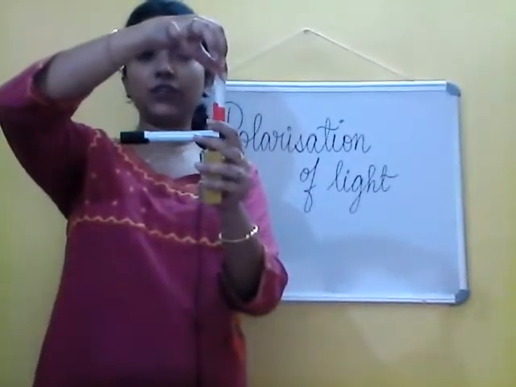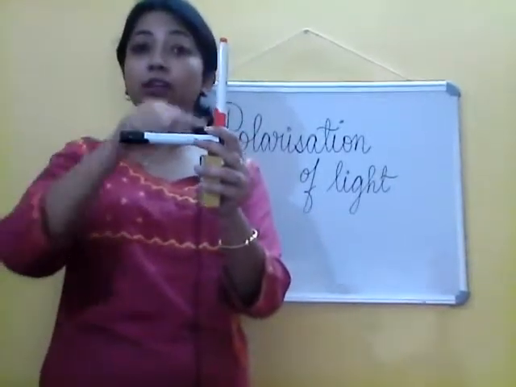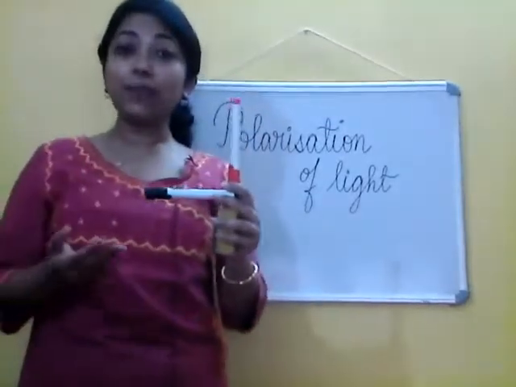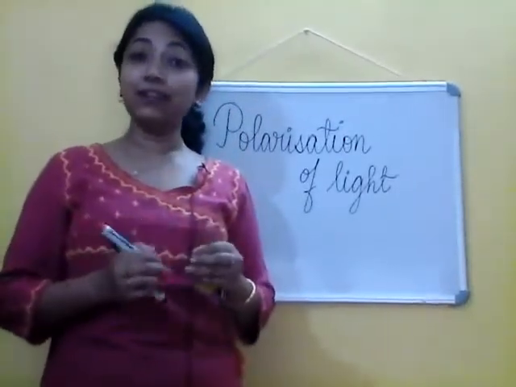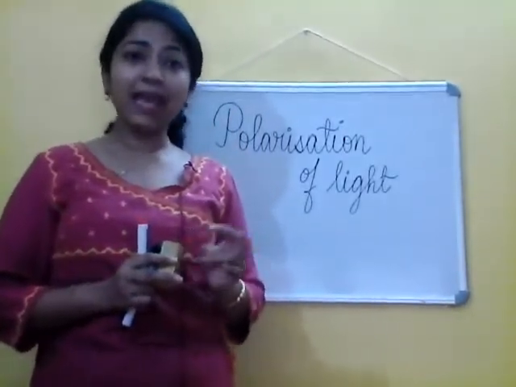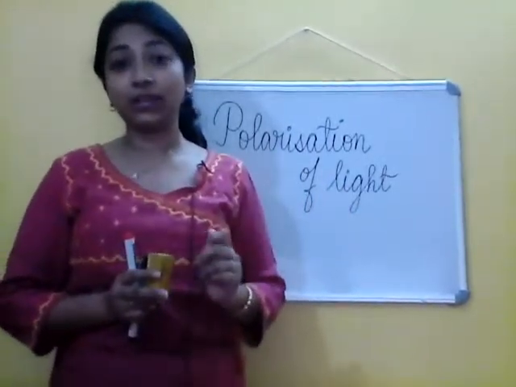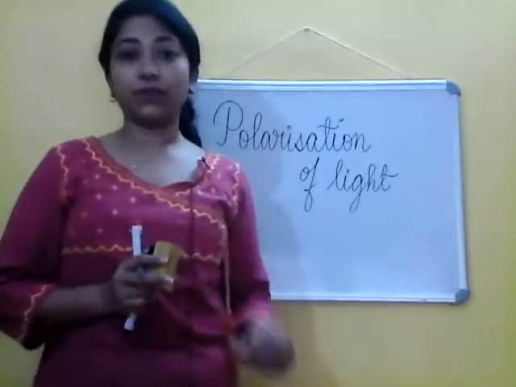The direction of the oscillation would be perpendicular to the direction of propagation of the wave. This type of wave is called a transverse wave. And light, or any type of electromagnetic radiation, is actually a transverse wave.